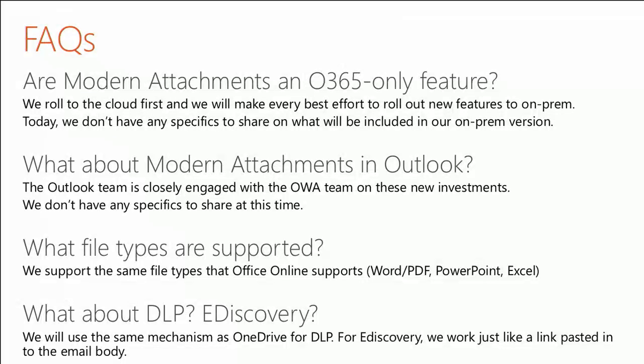For eDiscovery, it would be the same as if I copied and pasted a link to a OneDrive in the body of my email. That's how it will work. We will continue to talk to these teams to see if we can get better and better at it, but out of the gate, it works basically like it works today. You can think of it, as I said, these are just links to docs up on OneDrive. All right. So hopefully that preempted a question or two.